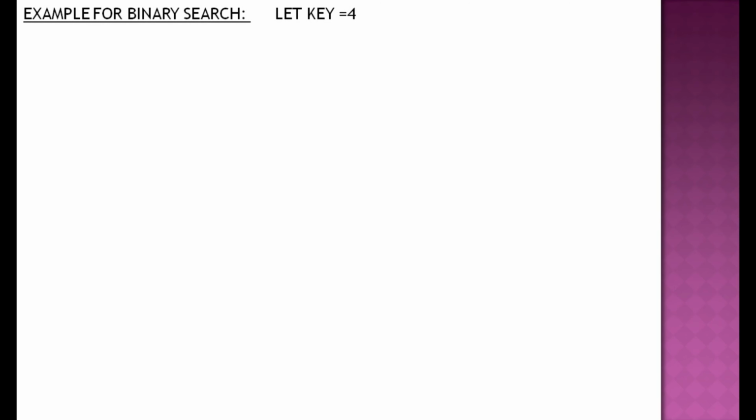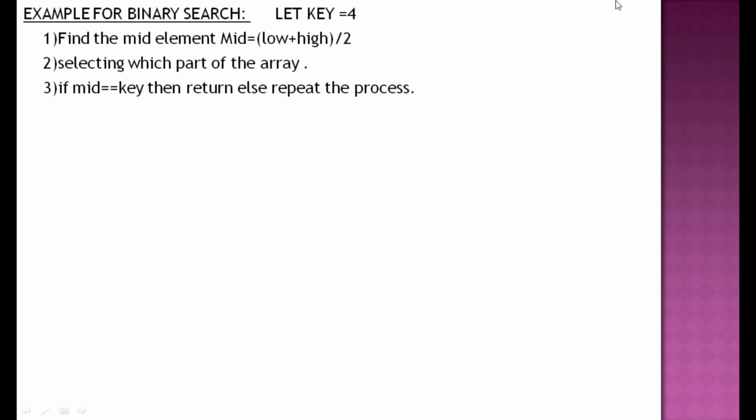example. Here I take an array. In that array, the key element that I want to search is 4. For searching the key element 4, first I have to find the mid, where mid equals low plus high by 2. Next, selecting which part of the array.